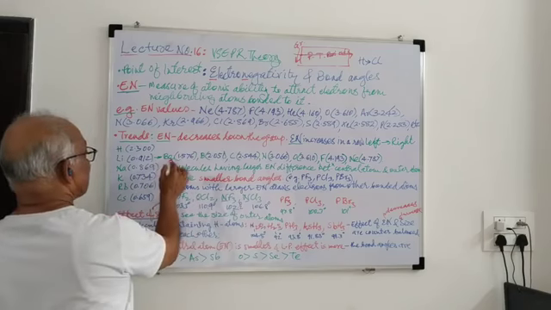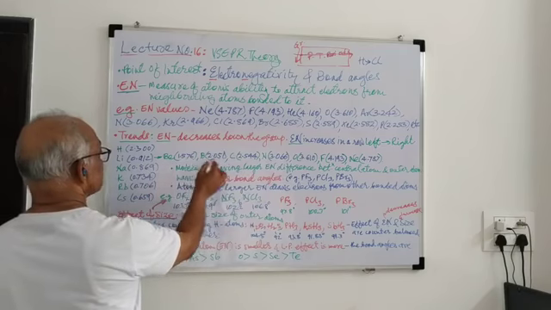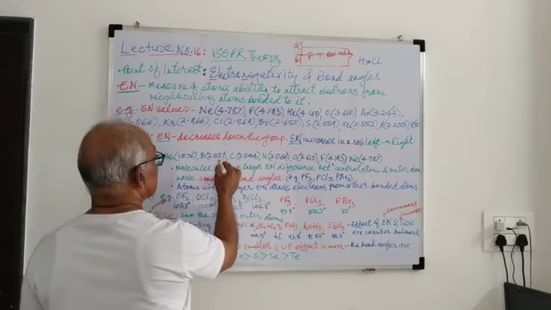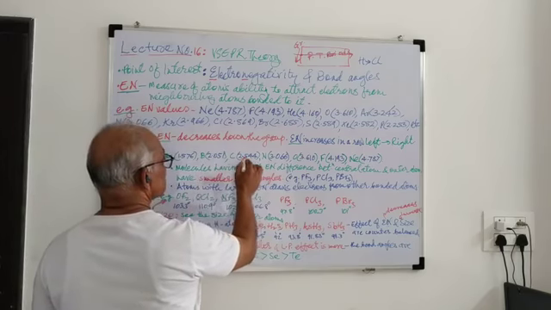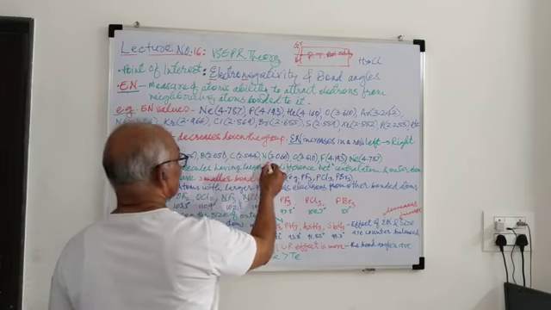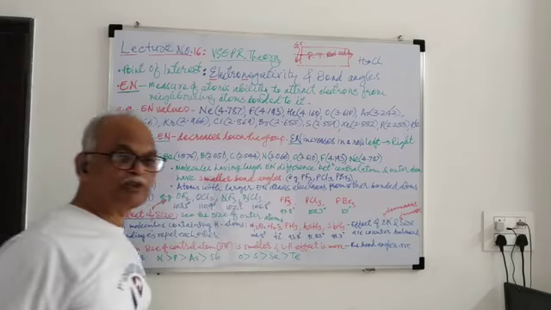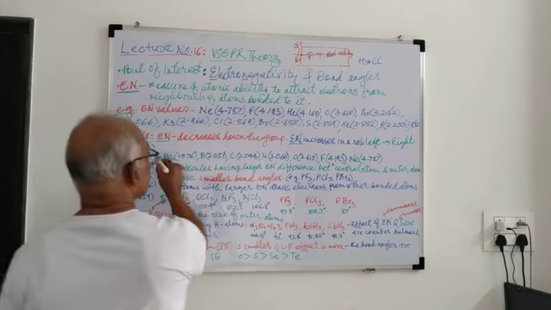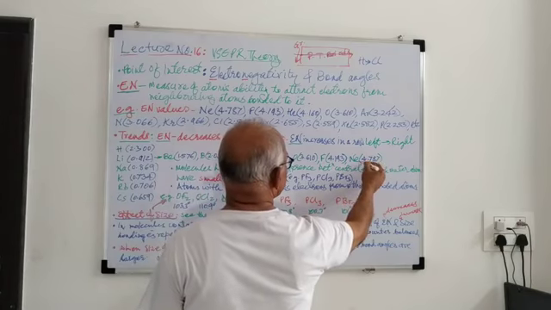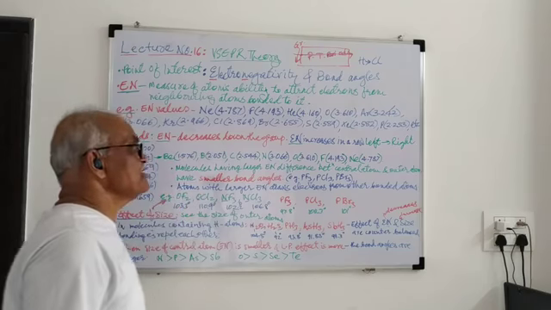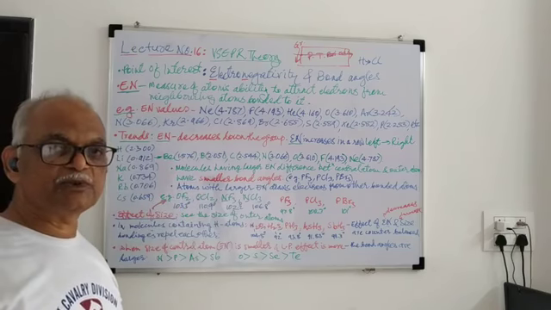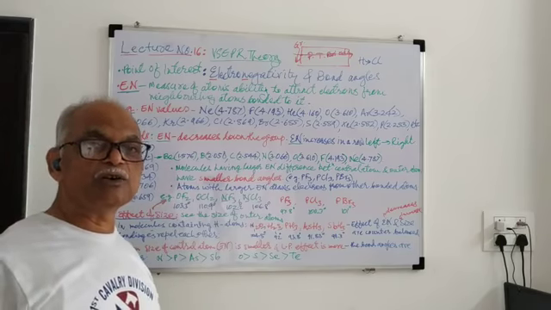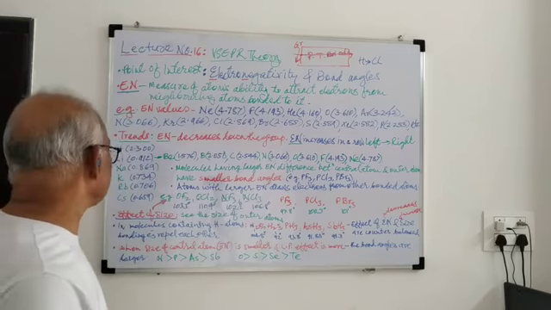It is followed by beryllium with a relatively higher value, 1.576. Boron is next with a still higher value, then carbon with a higher value. In this way, the electronegativity values increase as we move from left to right. The extreme right element, neon, has the highest electronegativity value. These are important trends observed all over the periodic table.